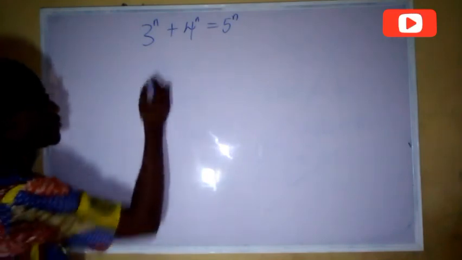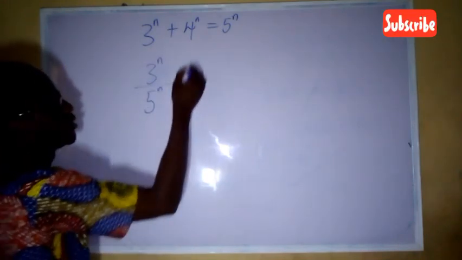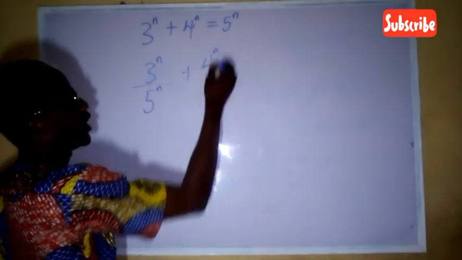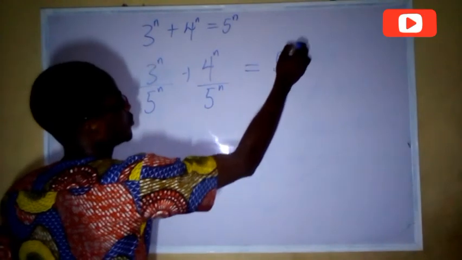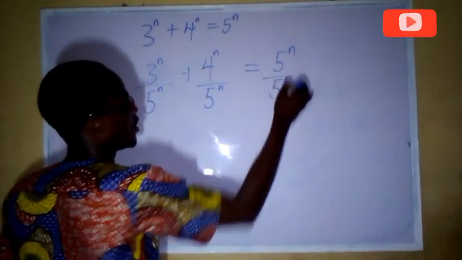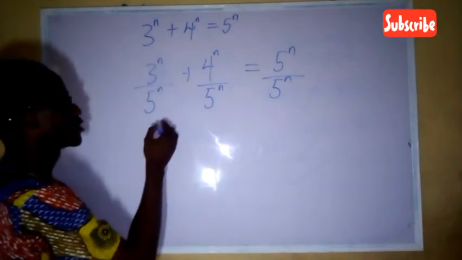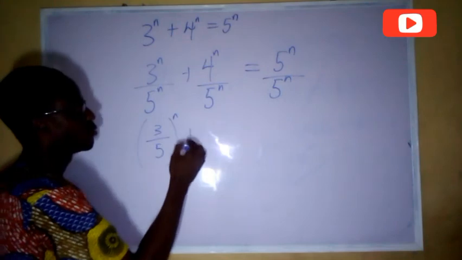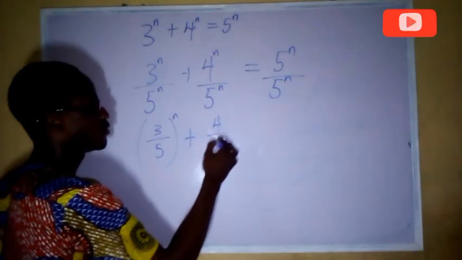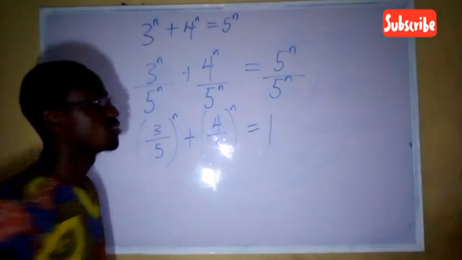So meaning I'm going to have 3 raised to the power n all over 5 raised to the power n plus 4 raised to the power n all over 5 raised to the power n equals 5 raised to the power n all over 5 raised to the power n. If I take this common factor, I'm going to have 3 all over 5 all raised to the power n plus 4 all over 5 all raised to the power n, and this gives us 1.